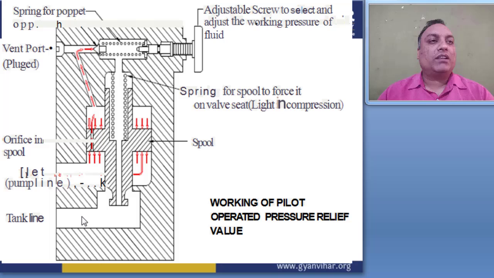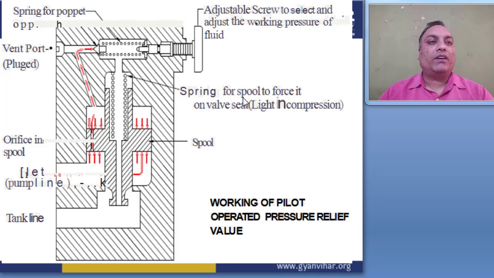And if I talk about the components, different components are present here. This is the spring of the poppet, or the opposing spring, and here this is the adjustable screw to adjust the working pressure of the fluid.